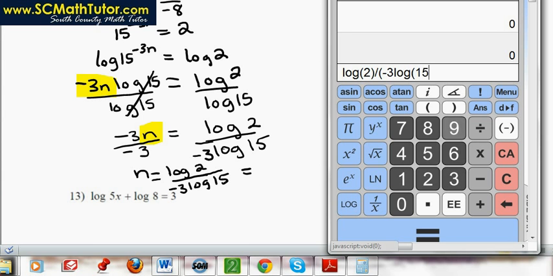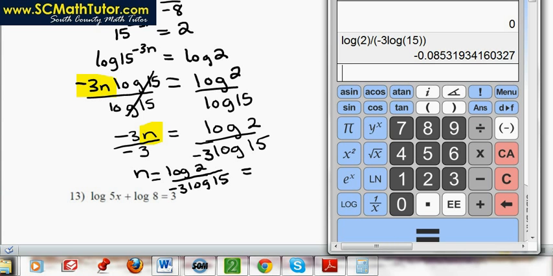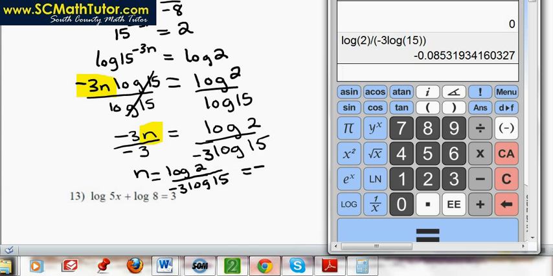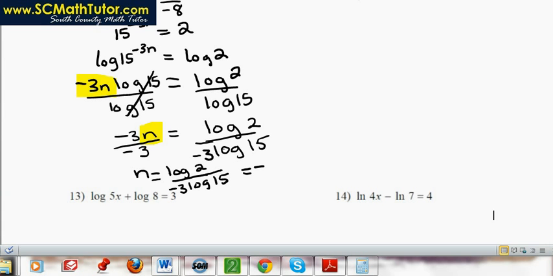Your calculator just writes log because it's assumed to be base 10. And the answer is negative 0.09. This is a horrible amount of rounding, but we'll take it.